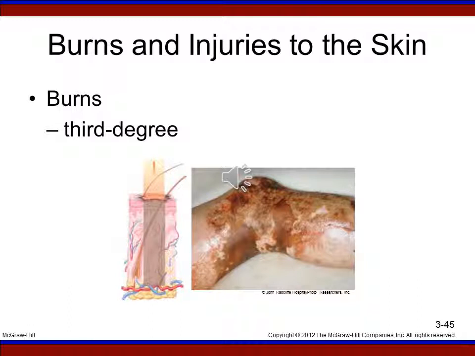This third-degree burn requires medical attention as well as skin grafting. And skin grafting is going to take some skin from a different part of our body to place it in a different part to help with regeneration.